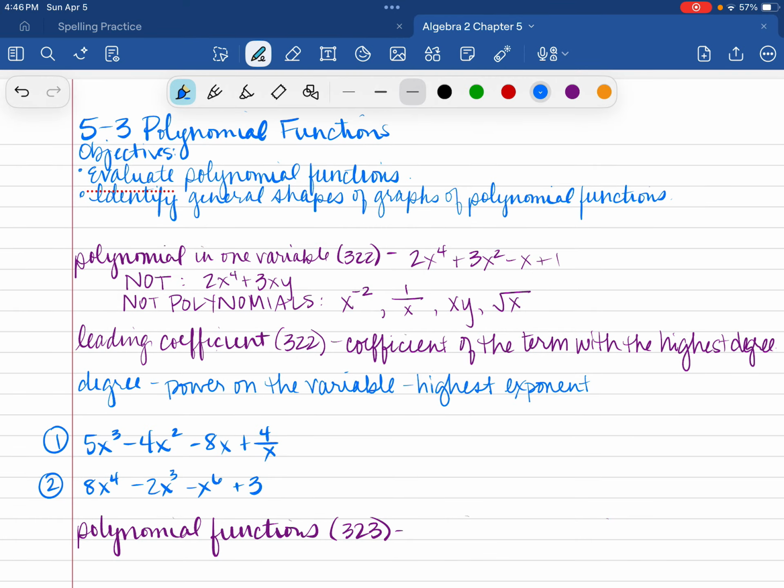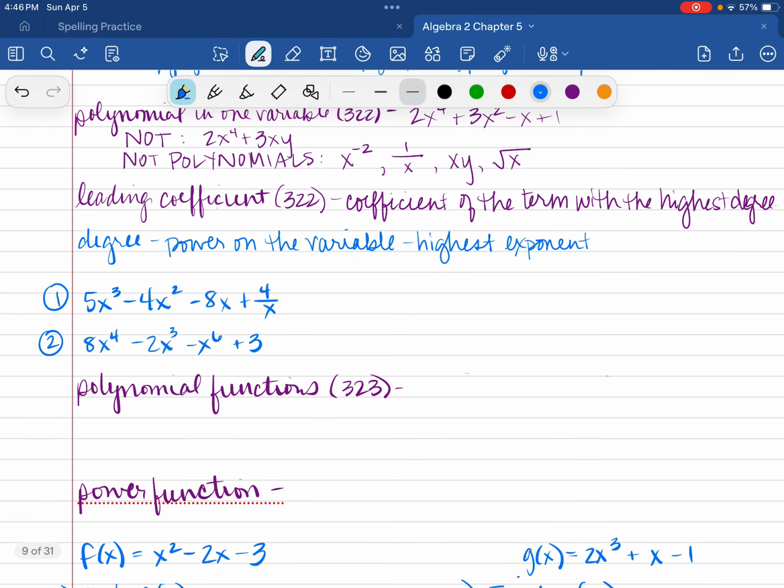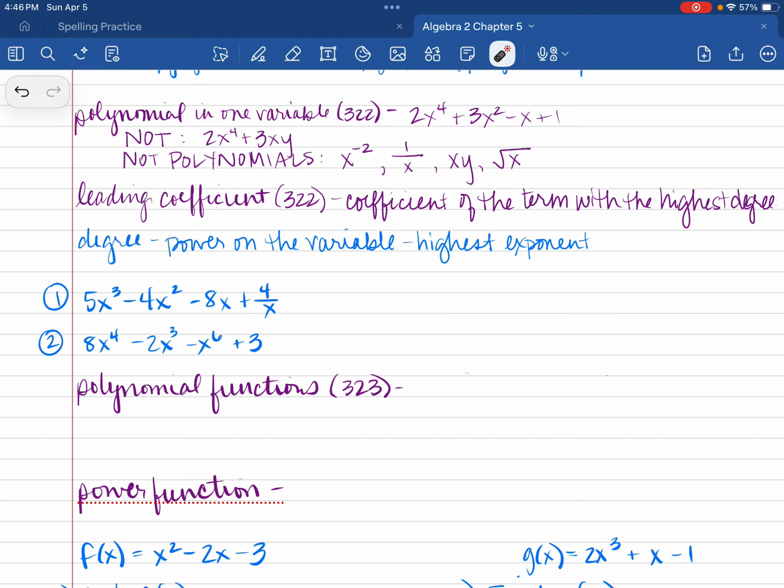So with these two examples, okay, the first one, 5x to the third minus 4x squared minus 8x plus 4 over x. Okay, so this one is not a polynomial in one variable because it's not a polynomial. That 4 over x is one of the things on the no list.